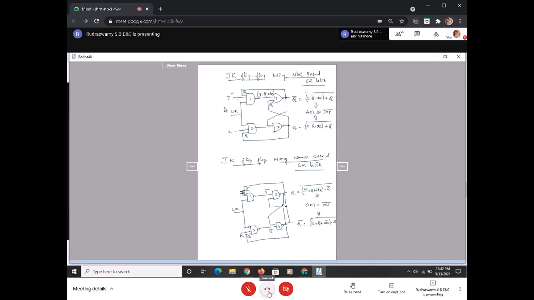S becomes J and R becomes K, and for the third input, the AND gate associated with J will have Q bar, and the other input for the gate associated with K will be Q. And this is the same for the NAND based also. The NAND gate associated with J will have Q bar as another input. The NAND gate associated with K will have Q as another input.